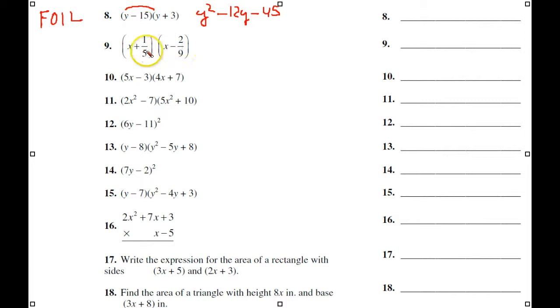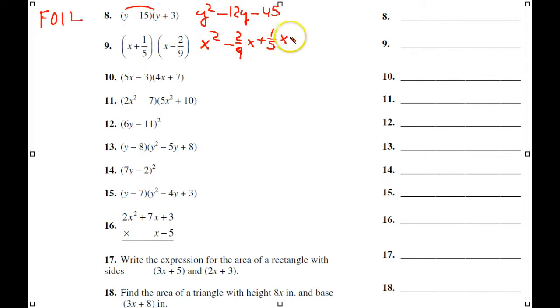Now here again, it's x squared. Now for our outers, I'm going to write this twice here, a negative 2/9 x and a positive 1/5 x.